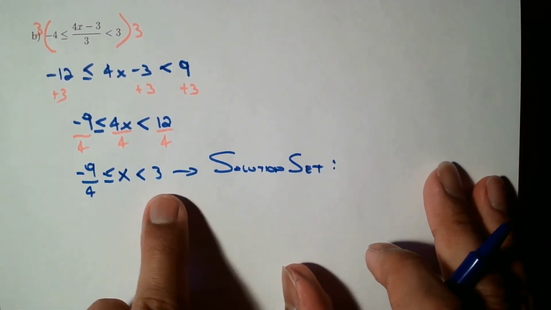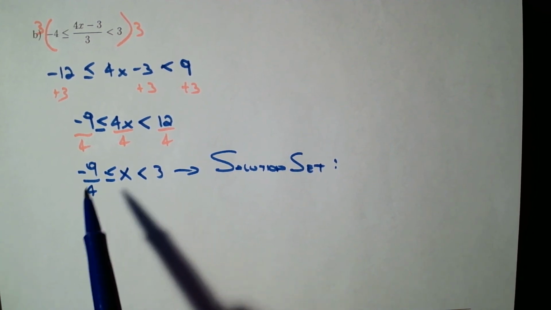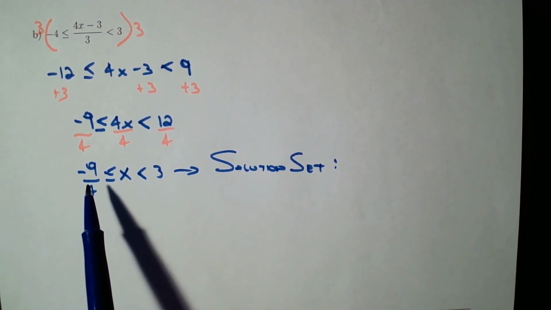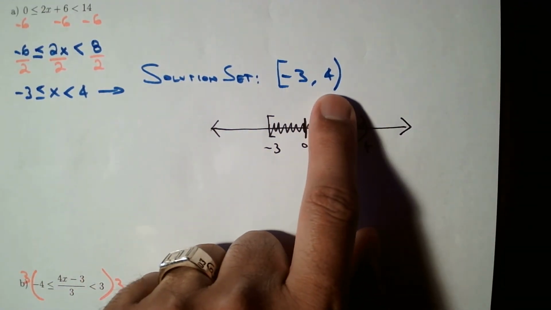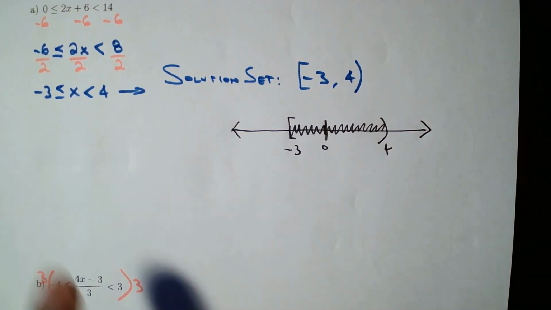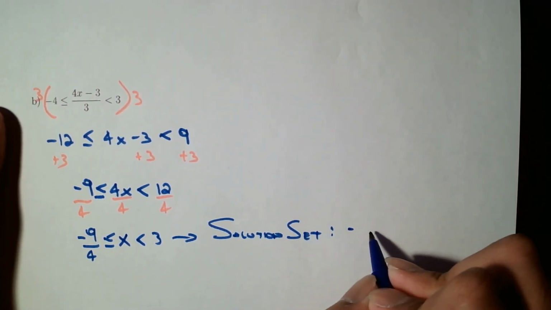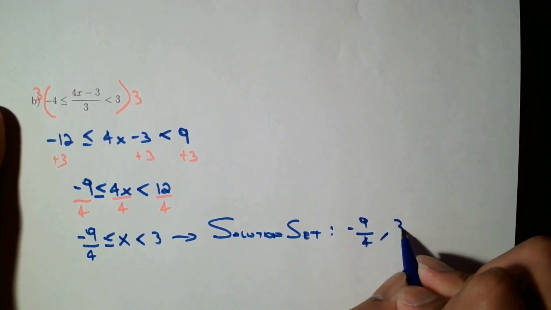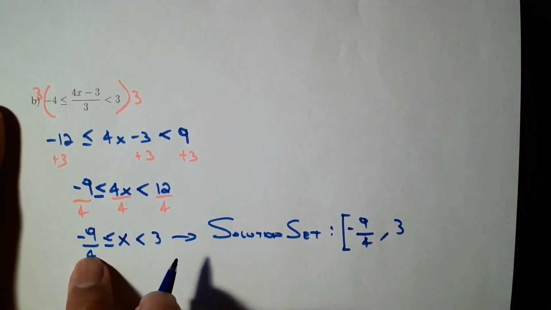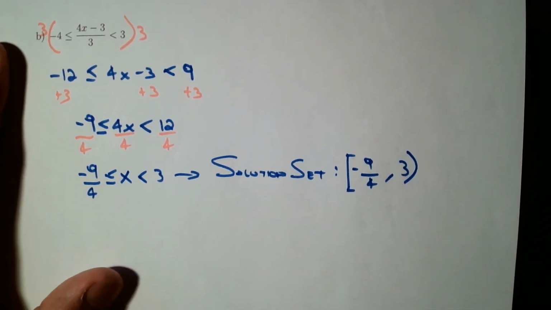Simply write down these two numbers just the same way we did it in the previous section when we changed from inequality notation to interval notation. Remember, that's exactly what we did in the previous example as well. So that's going to be -9/4, comma 3, bracket for the lower and parenthesis for the upper one.